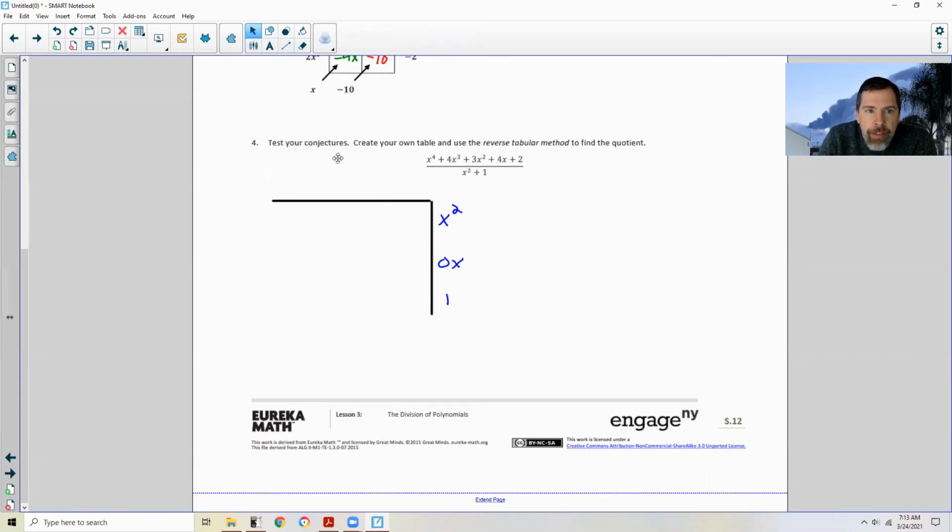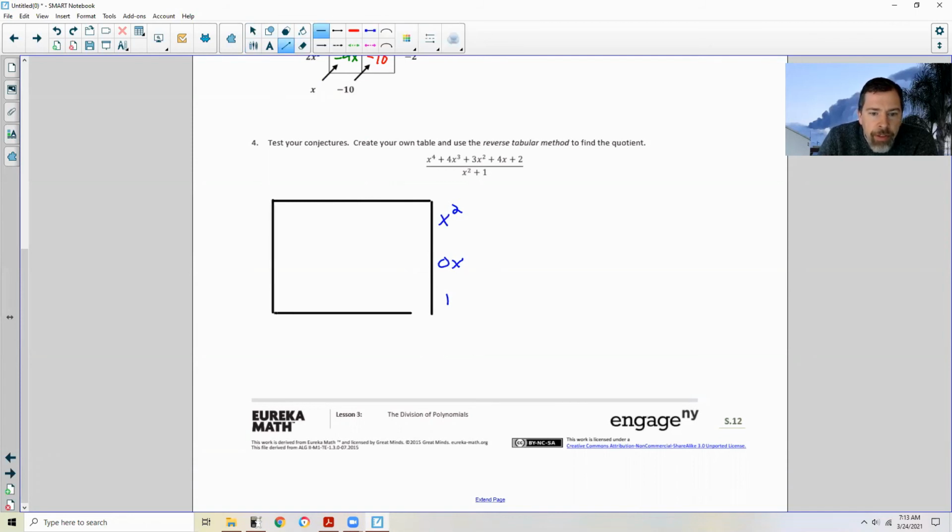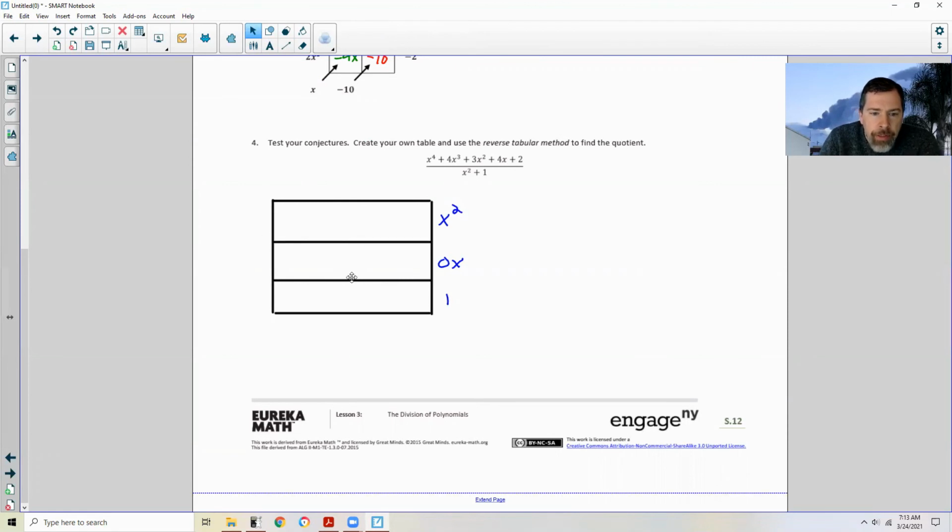There's my right side. All right, I'm going to continue with making this table now. Come down to here and over. All right, we have 1, 2, 3, 4, 5. So this is going to be 3. Let me make that a little more uniform. Okay, that's a little better.